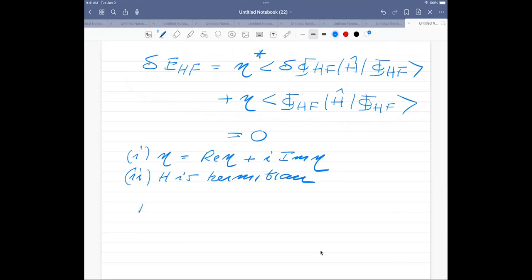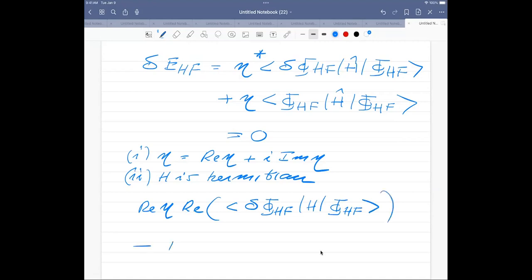What we get then is that the real part of eta multiplied with the real part of this expectation value of delta phi Hartree-Fock of H of phi Hartree-Fock, minus the imaginary part of eta multiplied with the imaginary part of this next term of delta phi, and I use the hermiticity of the Hamiltonian.